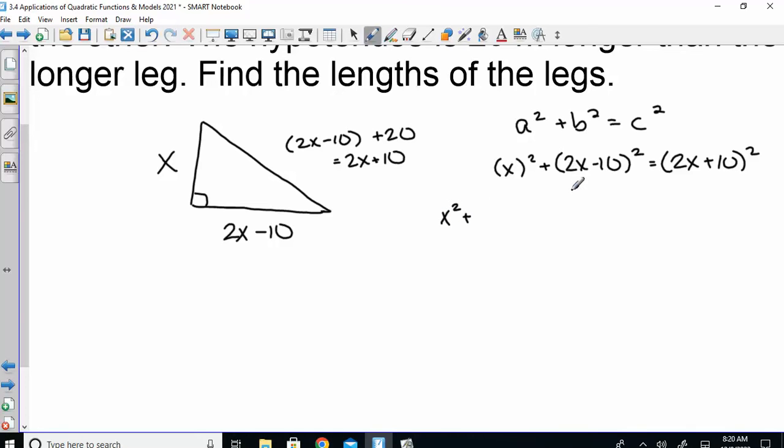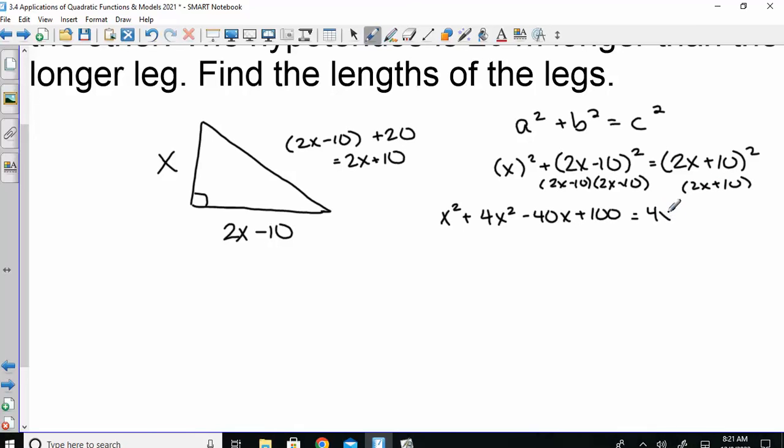So I have x squared plus, how do you do 2x minus 10 squared? It means there's two of them. So you get 4x squared minus 20x, so minus 40x, plus 100. Same thing here.